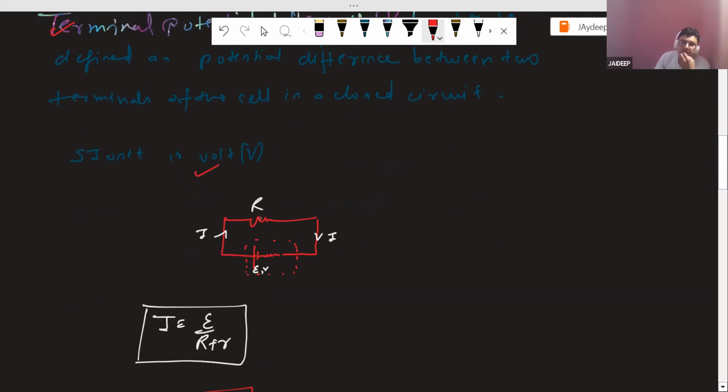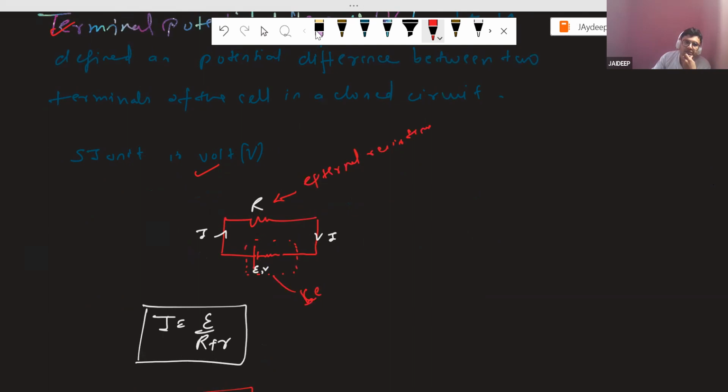Now let this be a circuit. This is external resistance. This is a battery or a cell. R is the internal resistance.